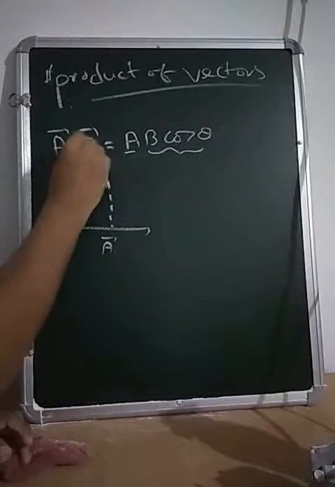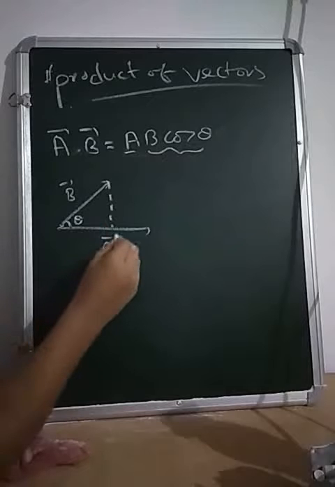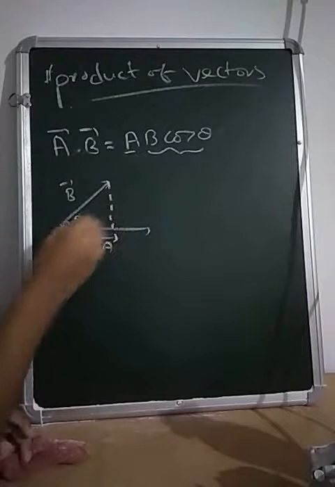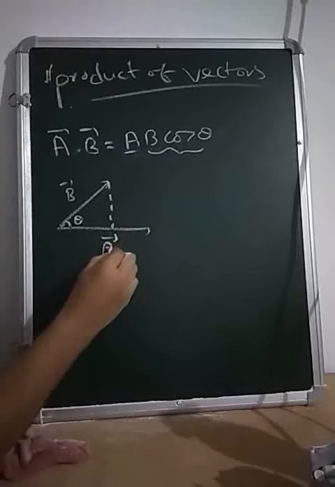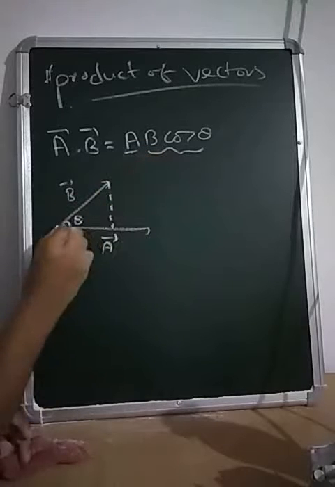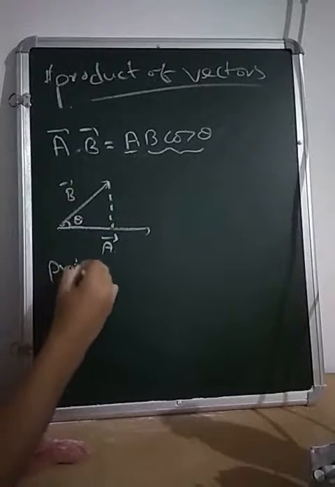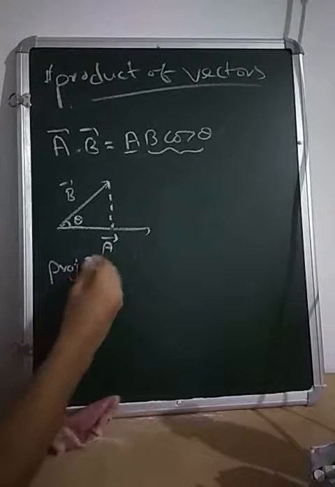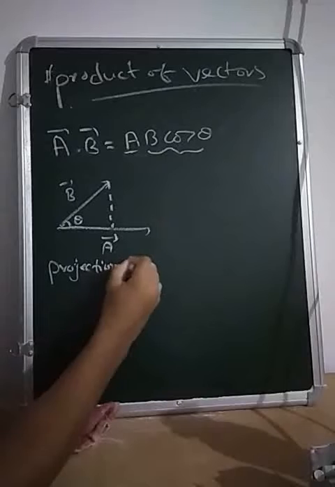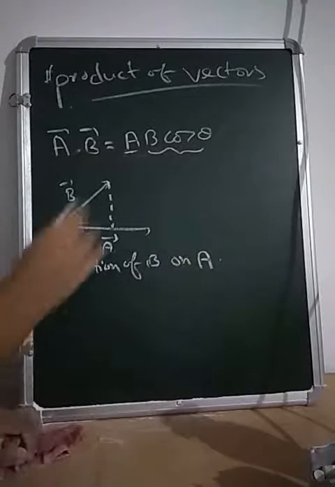A dot B means A into B cos theta. Here A means the magnitude of vector A, and B cos theta means the projection of B on A. What is the projection of B on A?